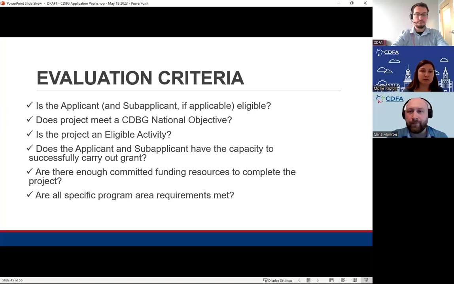I should note here that all projects that are seeking CDBG funding should have all of their other funding in place at the time of application, and CDBG is meant to be the last in. So we need to see documentation. If your project requires match, or the total project cost exceeds the amount that we can award for CDBG, you have to have documentation of that other funding and that it's secured with your application, and we're going to be reviewing that.